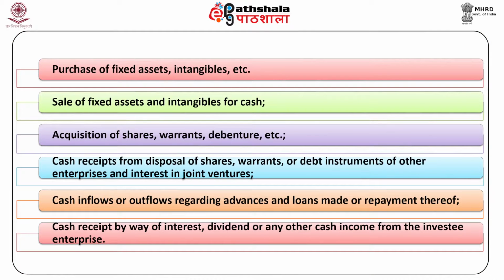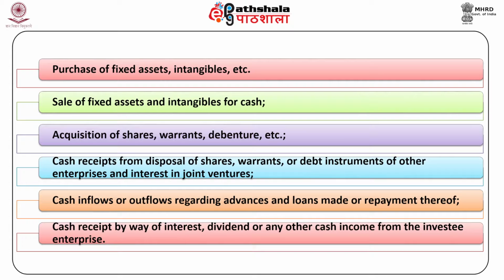Purchase of fixed assets, intangibles, etc. B. Sale of fixed assets and intangibles for cash. C. Acquisition of shares, warrants, debentures, etc. D. Cash receipts from disposal of shares, warrants or debt instruments of other enterprises and interest in joint ventures.